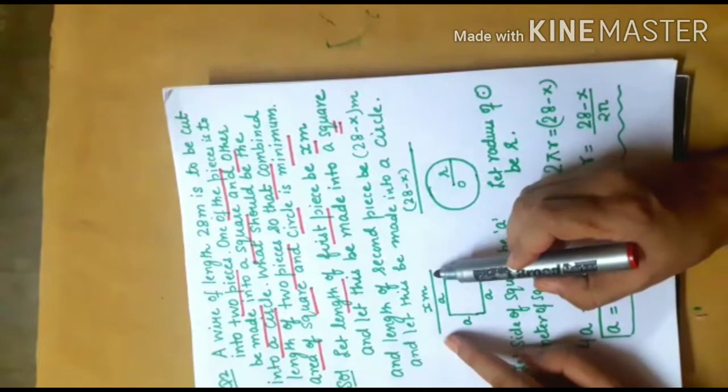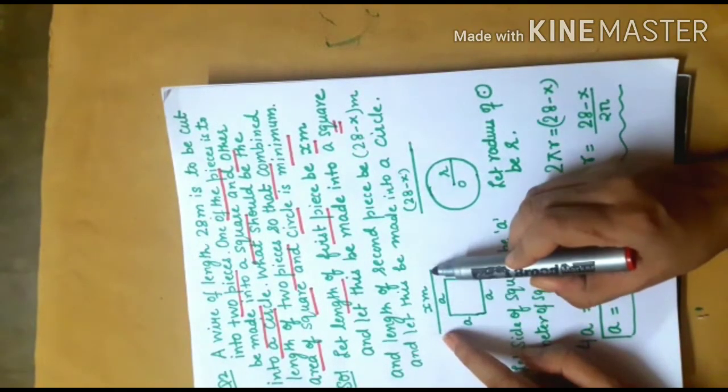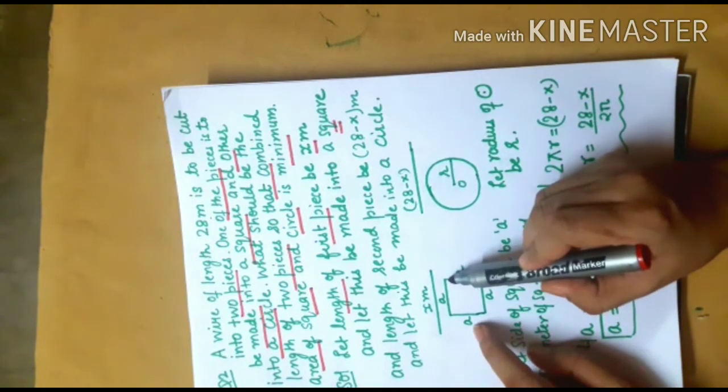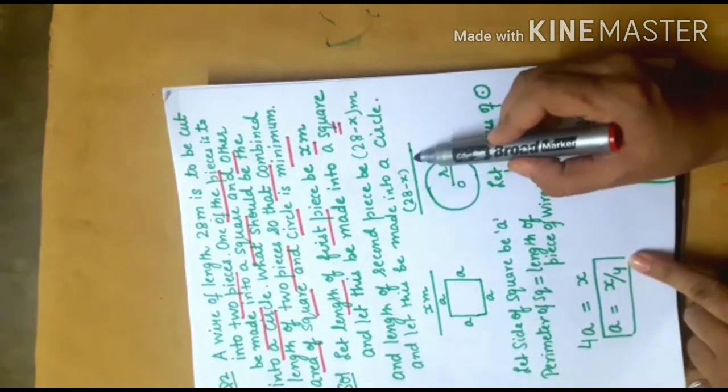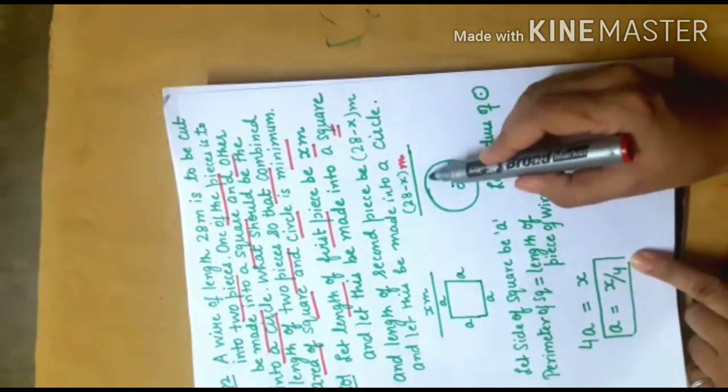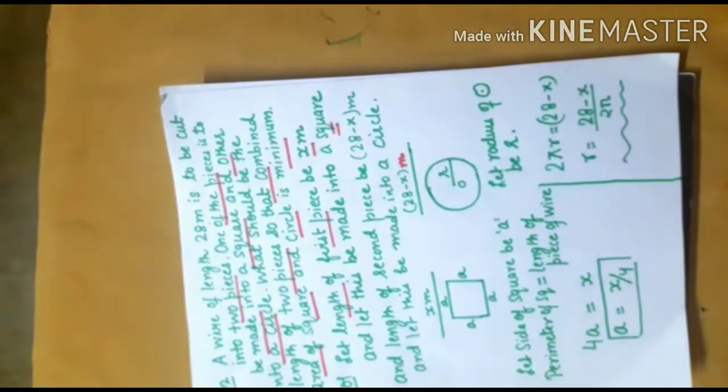So there is the first piece of wire of length x meter, made into a square, and the second piece of wire of length 28 minus x meter, made into a circle.